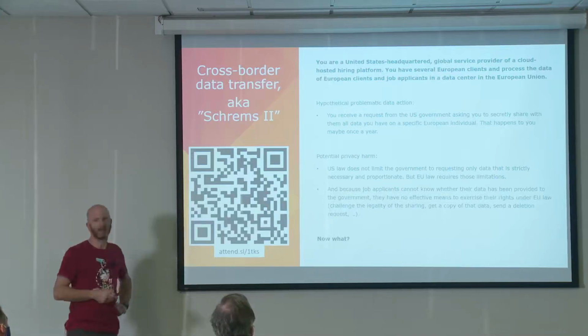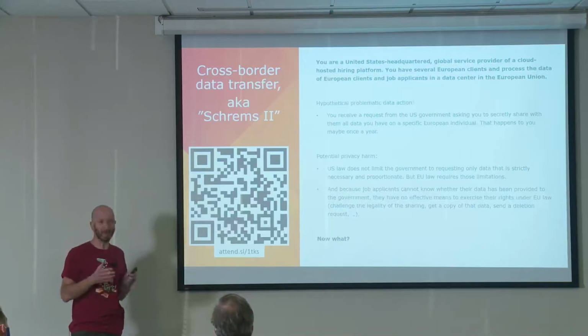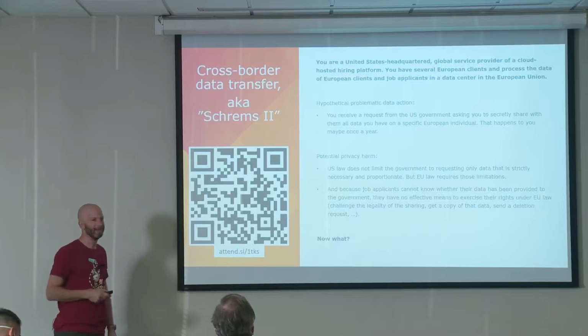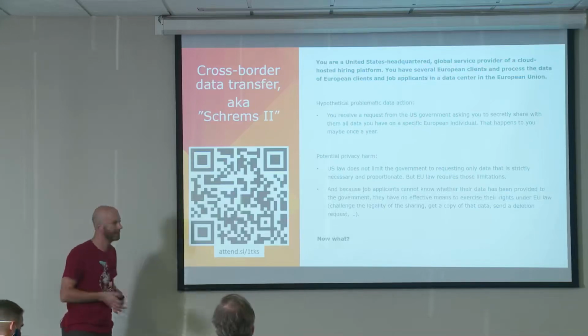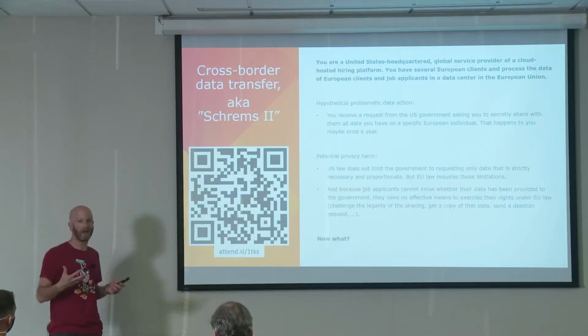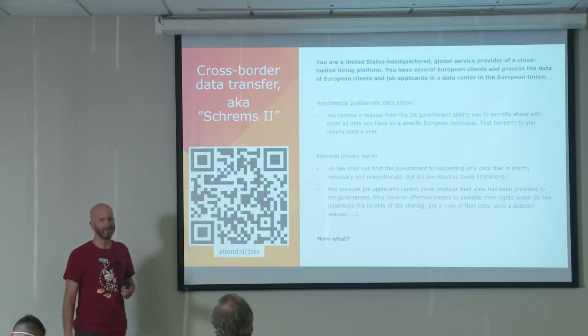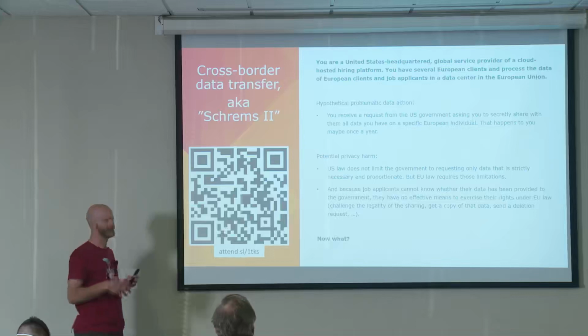The EU regulations, the GDPR, basically says if you ask for somebody's data, it needs to be for a specific purpose and it needs to be proportionate. US law that allows counterterrorism or law enforcement to ask for data secretly from a company doesn't say it needs to be purpose limited and proportionate. So there's a conflict there.